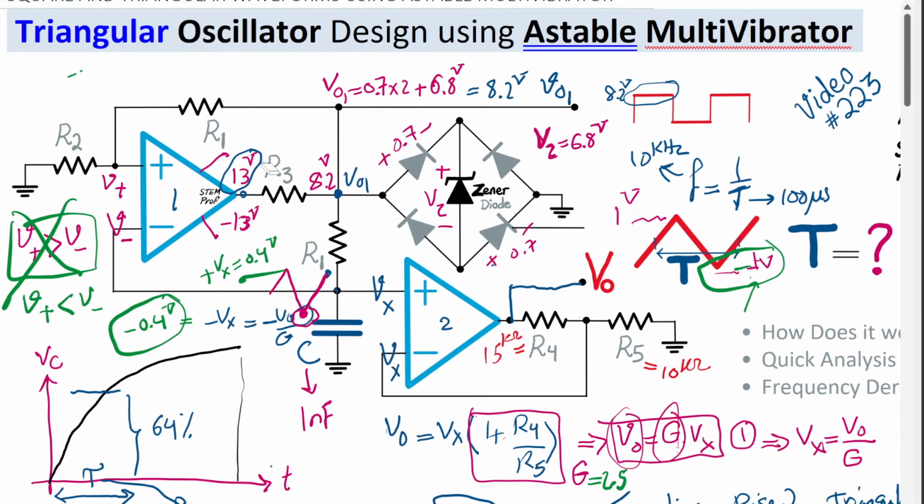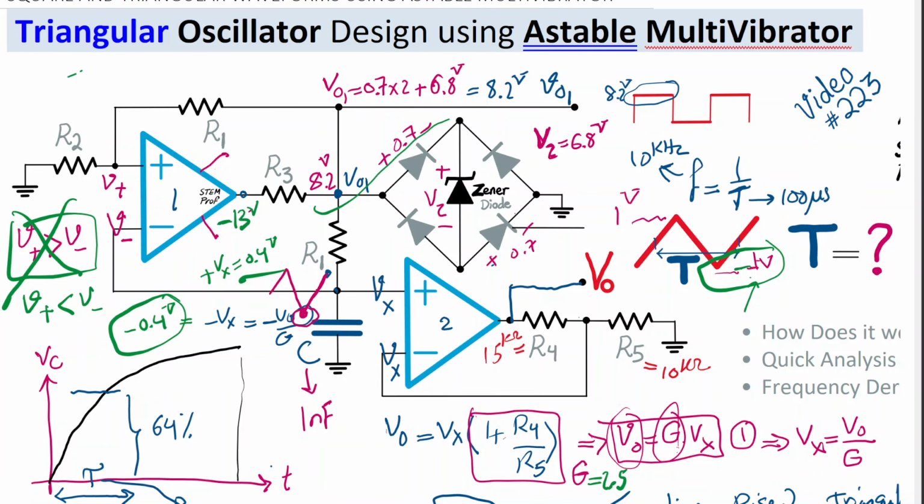The output of the op-amp will go from 13 down to negative 13. So I'm going to just rewrite it here. Suddenly, instead of 13, it becomes negative 13. And then as a result, the direction of current is going to change.